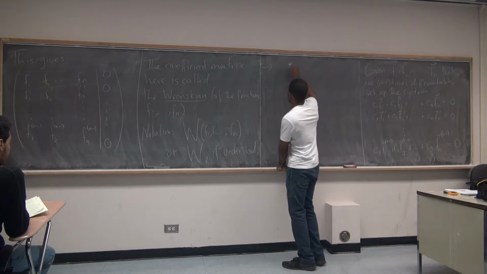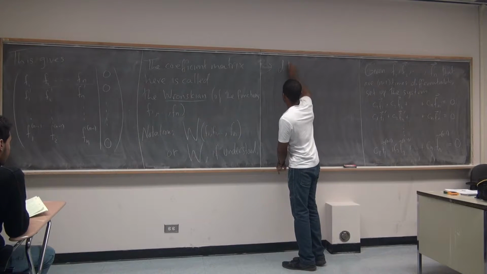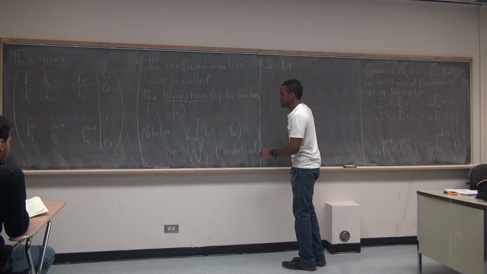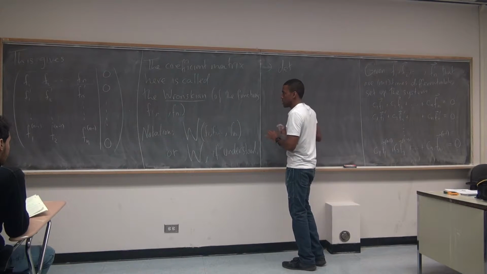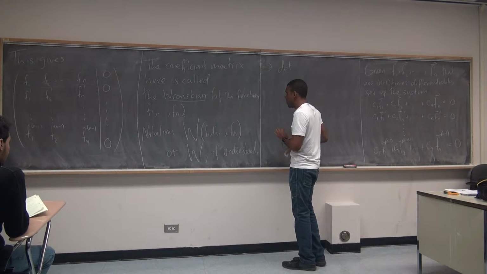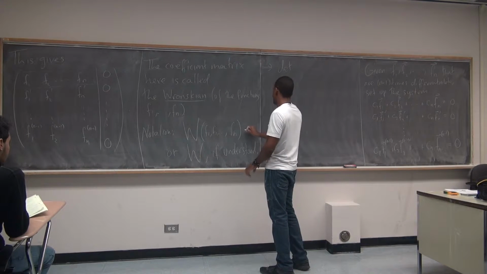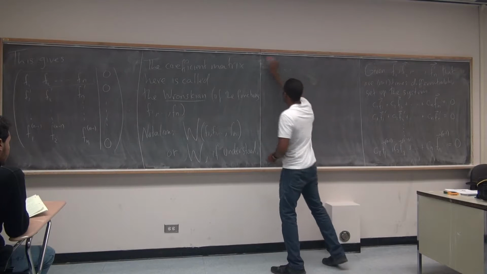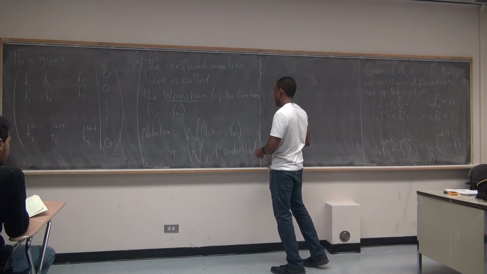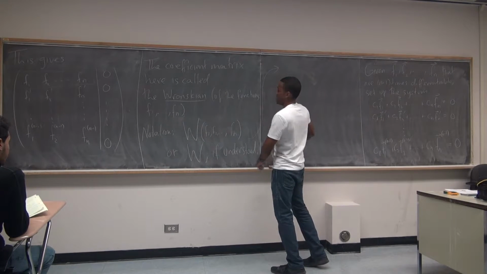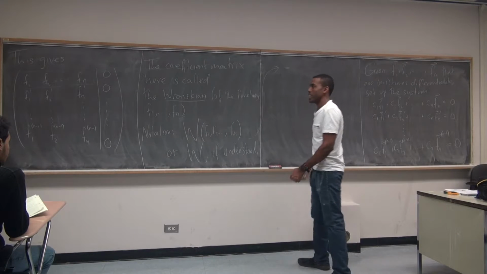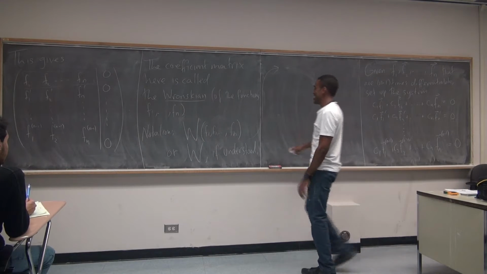Right. Now if I look at the determinant, well, technically the Wronskian is already the determinant. This is actually the determinant of the coefficient matrix. I didn't just want to tell you guys that, I wanted you guys to see it.